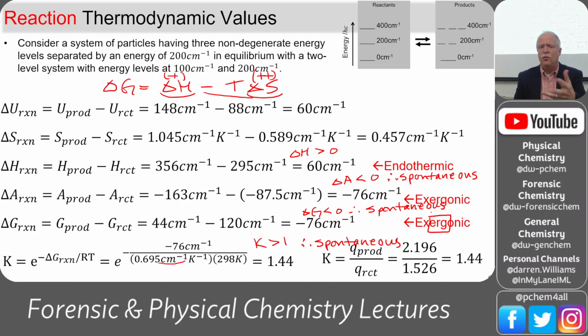We've been using wave numbers, but it's really not energy. Wave numbers is like the inverse wavelength in centimeters. But if we were to calculate the energy, E equals h c over lambda. And if wave numbers is 1 over lambda in centimeters, it would be h c nu. What is the unit here? What's the energy unit?